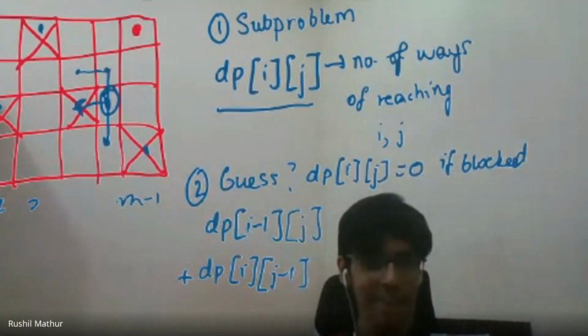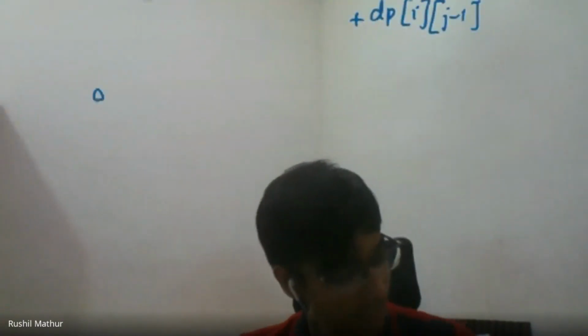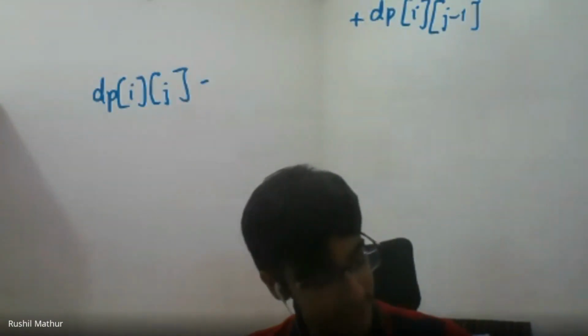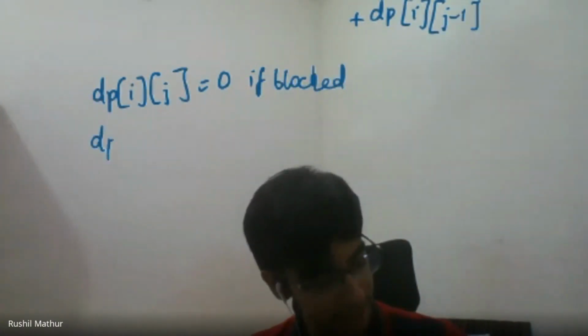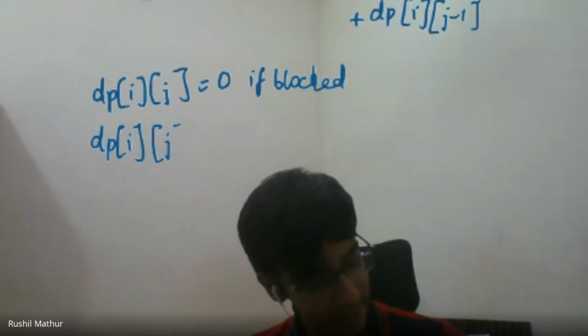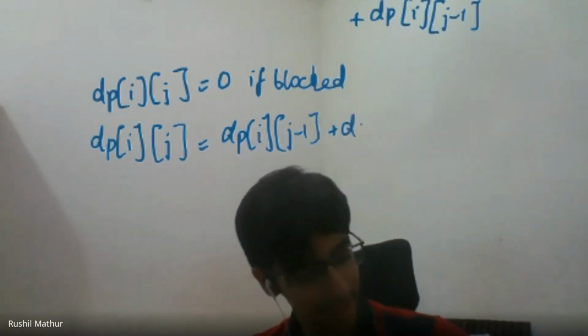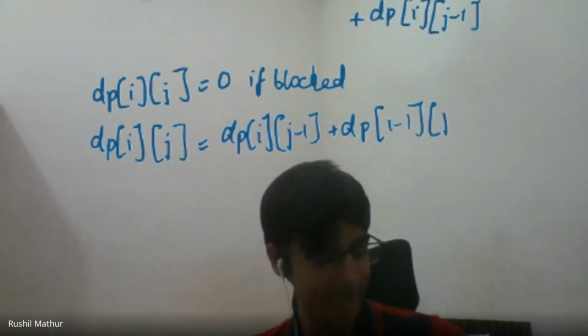So yeah, we have basically got a recurrence. The recurrence is dp[i][j] is equal to 0 if blocked, and if it's not blocked, then dp[i][j] is equal to the sum of dp[i][j-1] plus dp[i-1][j].